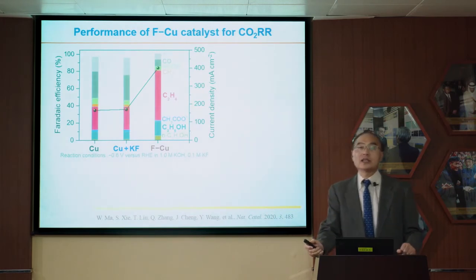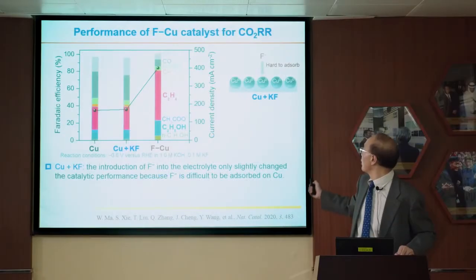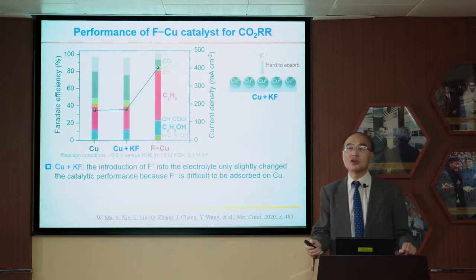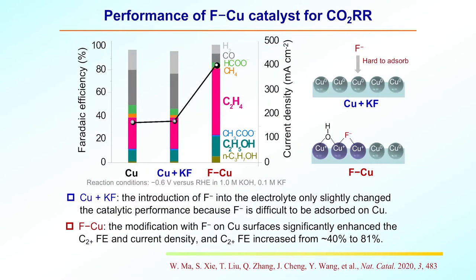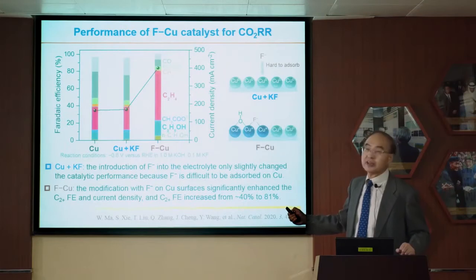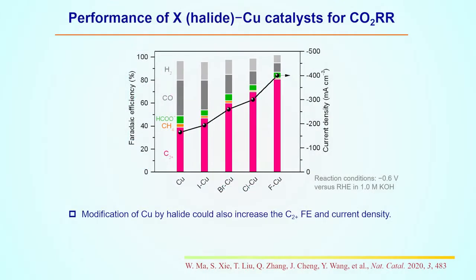Our electrocatalytic CO2 reduction experimental results show that the introduction of fluoride into the electrolyte only slightly changes the catalytic performance because fluoride is difficult to be adsorbed on copper surfaces. On the other hand, the modification of fluoride on copper surfaces significantly enhanced C2+ Faradaic efficiency and the current density. So the C2+ Faradaic efficiency increased from about 40% to 81%.